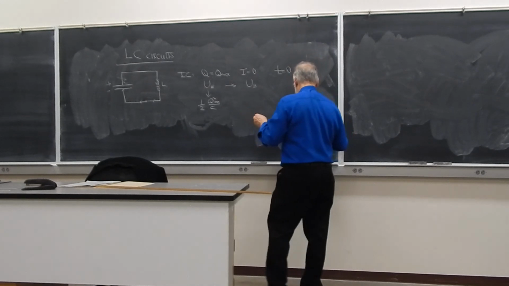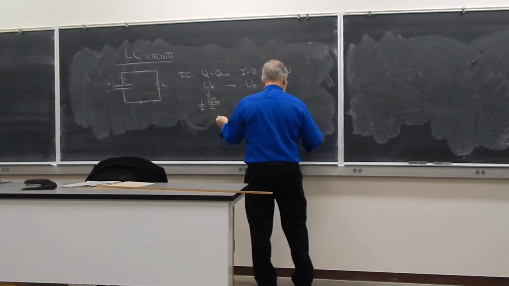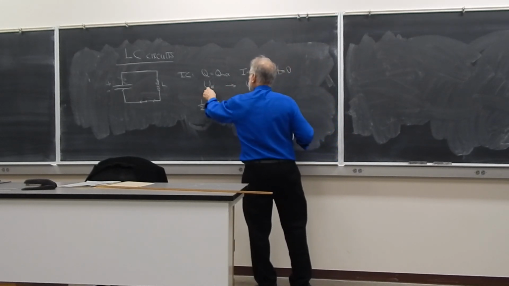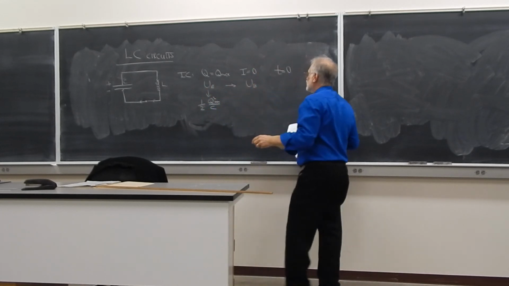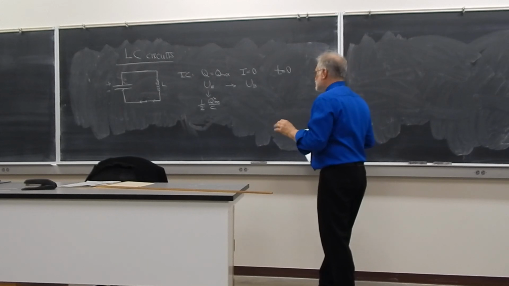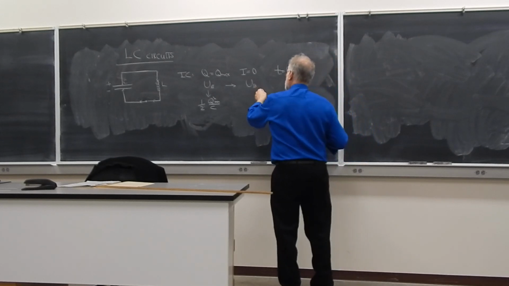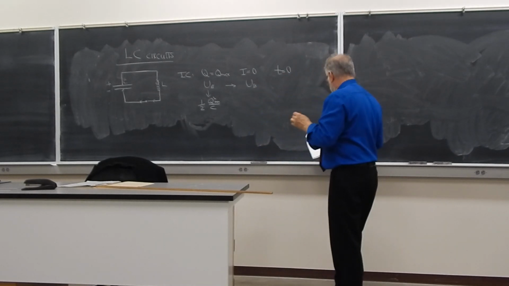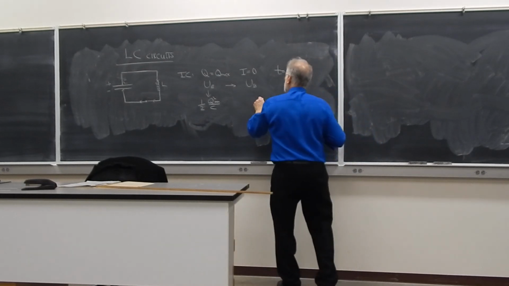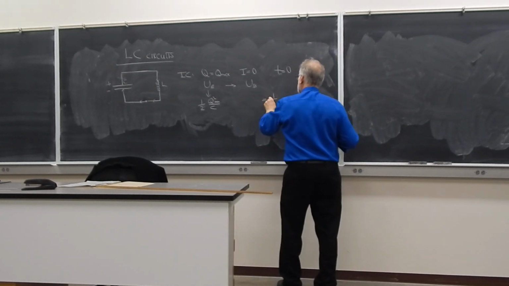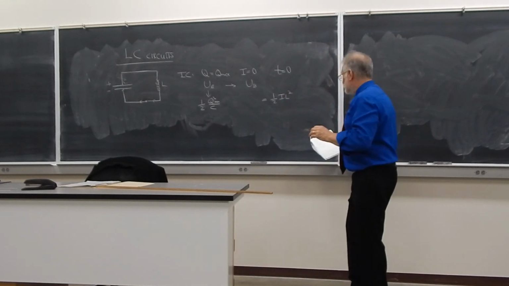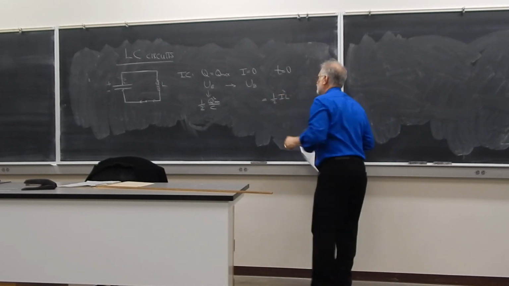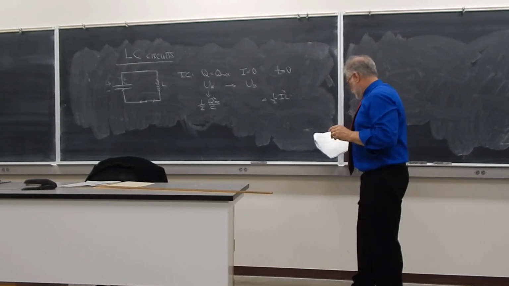Now, as the capacitor loses its charge, this value is going to decrease. The value of energy in the inductor is going to increase. So the energy in the magnetic field of the inductor is going to increase until it finally reaches a value 1/2 Li squared, I squared L, if you will.